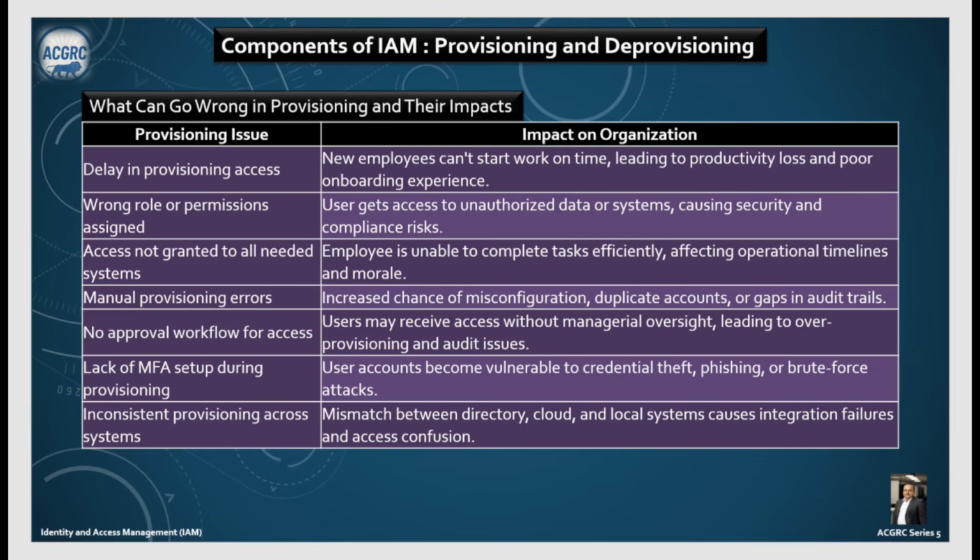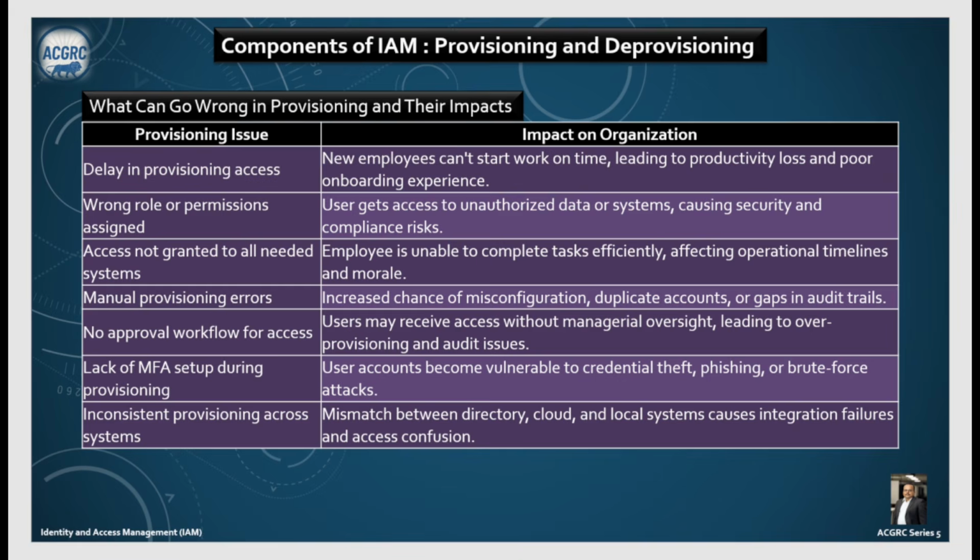If it is about manual provisioning errors, it increases the chance of misconfiguration, duplicate accounts, or gaps in audit trails. If there is no approval workflow for access, users may receive access without managerial oversight, leading to over-provisioning and audit issues.